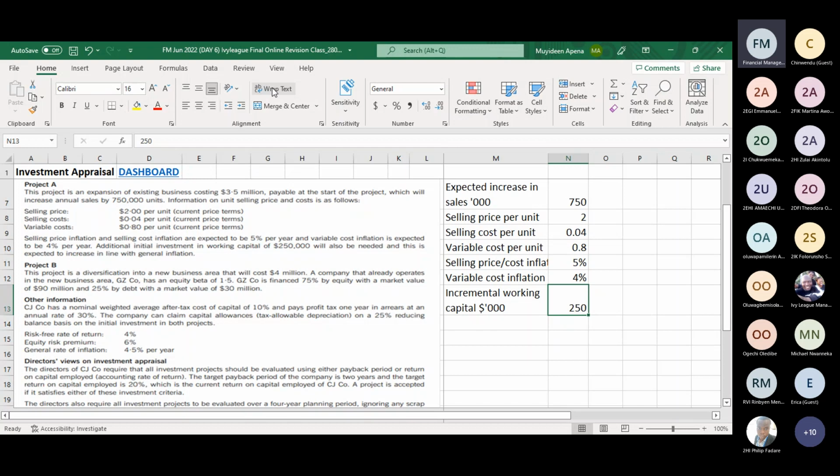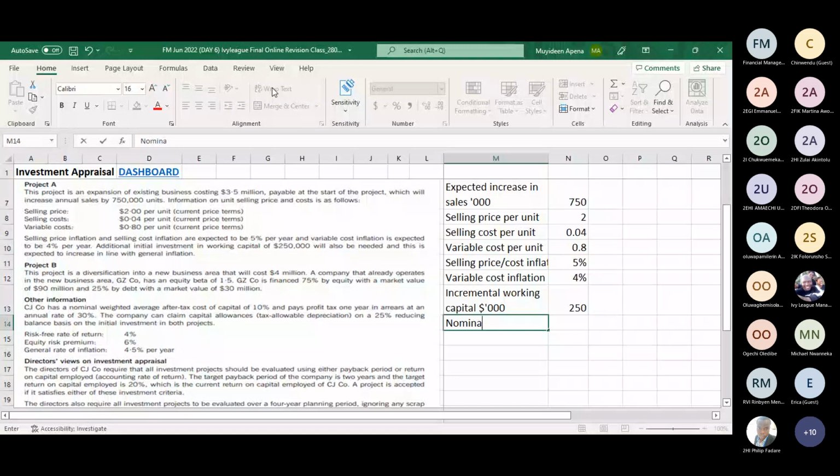So other information: CJCO has a nominal weighted average after-tax cost of capital of 10%. Have you seen that? Nominal, after-tax WACC, 10%.